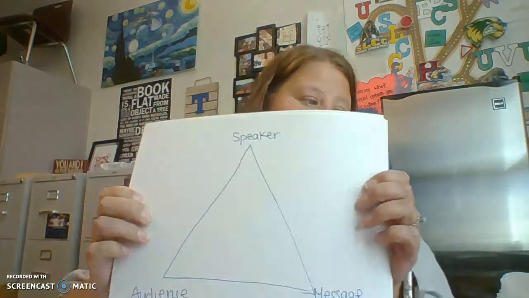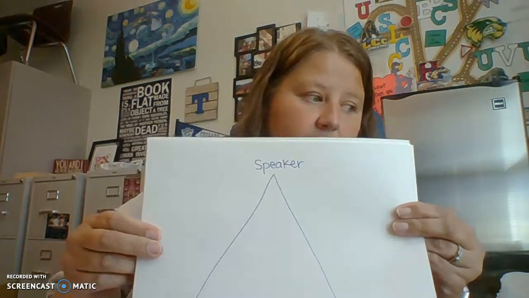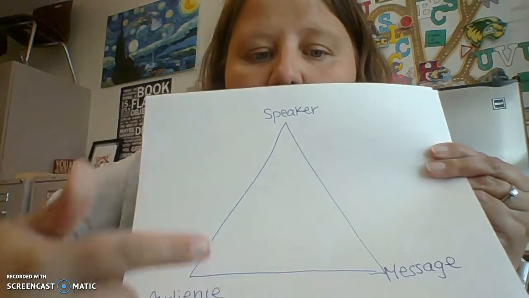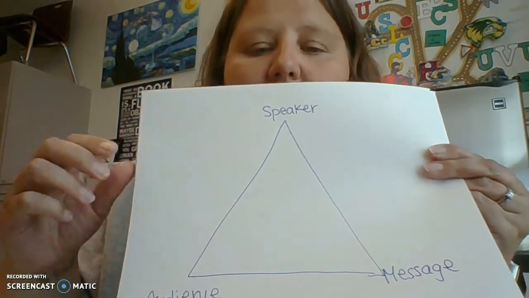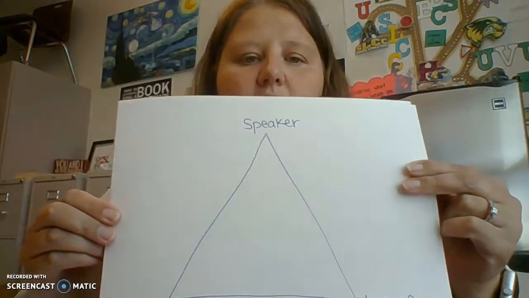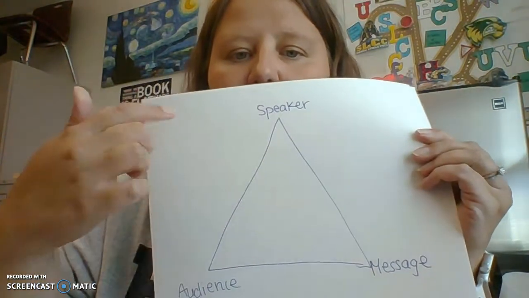We have our audience, and we have our message. Why are we doing this? What does this mean? Those make up the three corners of the triangle. And it doesn't matter at all what corner you put these at, because it all matters.